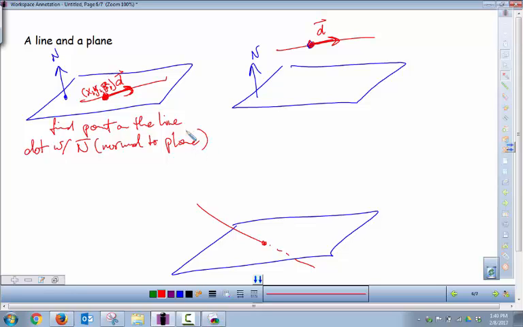What should you get when you dot the point on the line with the normal? 0. No? It's a scalar, but what's that scalar? The point on the line. Not 1.